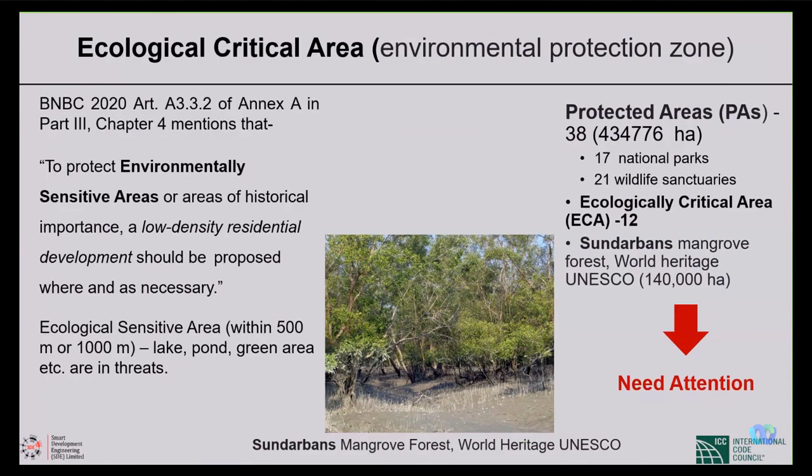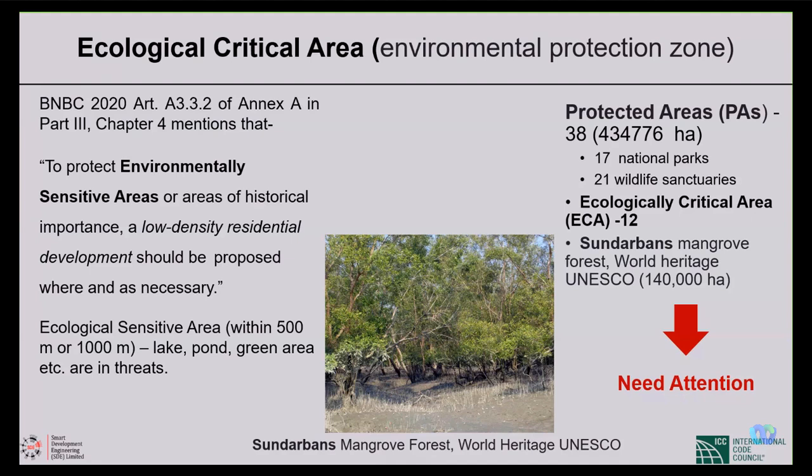Now I come to some points which are very sensitive to the environment. We call it an ecological critical area. So it is important to look after. Everything we have to look after. There are special areas. We call them ecological critical areas. There's another word also, protected areas.